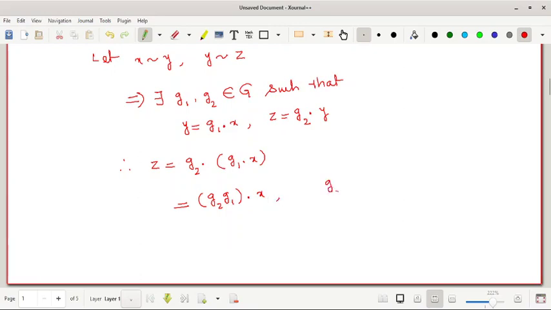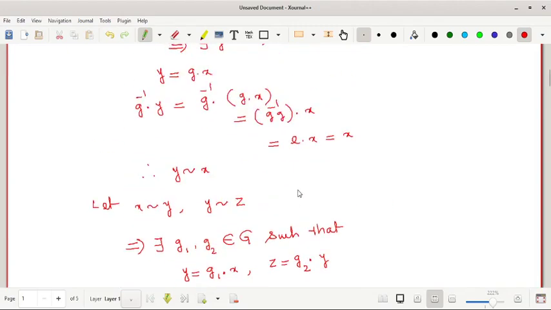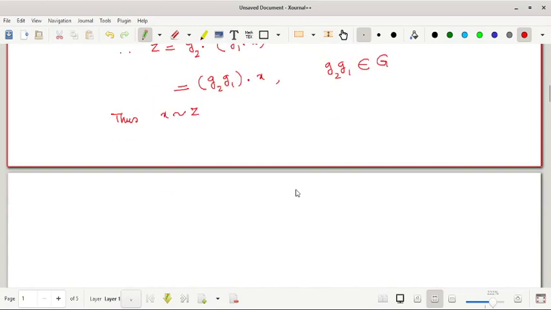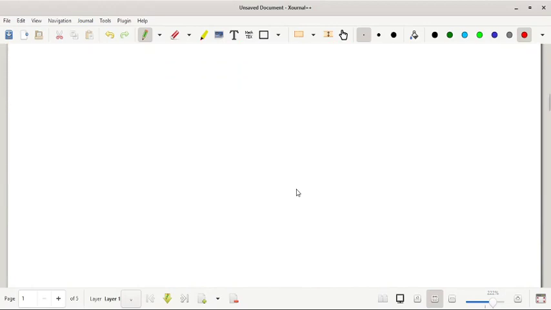Now g2 g1 is an element in G. So x is related to z and therefore the relation is transitive. So the relation being reflexive, symmetric and transitive is an equivalence relation.